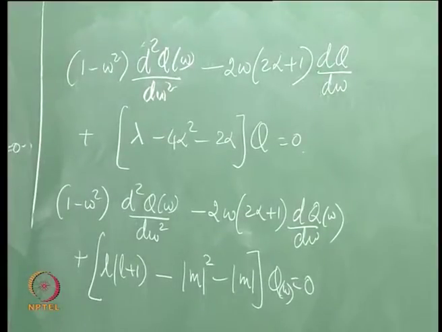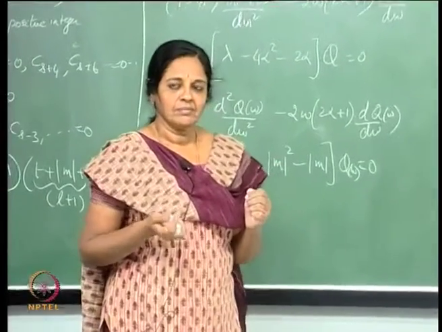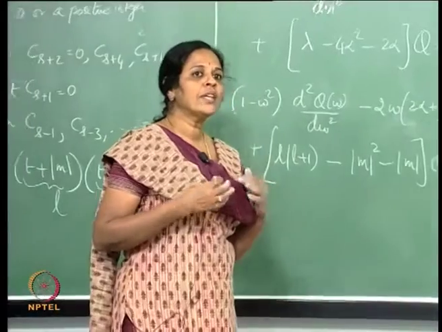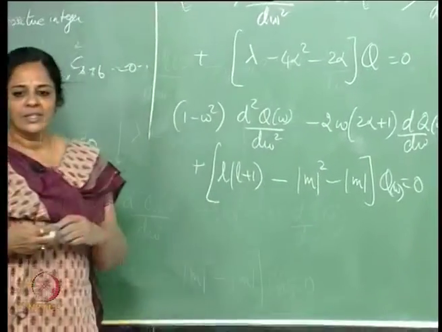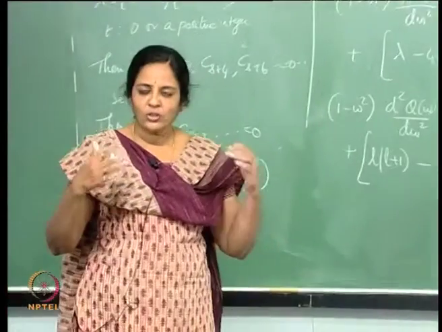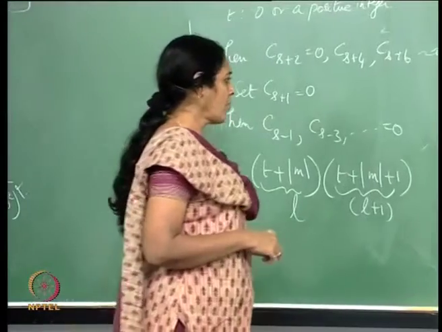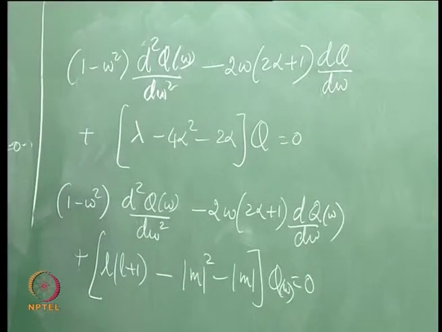Let us see what q can be. It is clear that since w is cos theta, we are now looking for an expansion for q of w in terms of an orthonormal basis set of functions which are functions of theta. In that term with 2 alpha plus 1, there too set 2 alpha equals mod m.